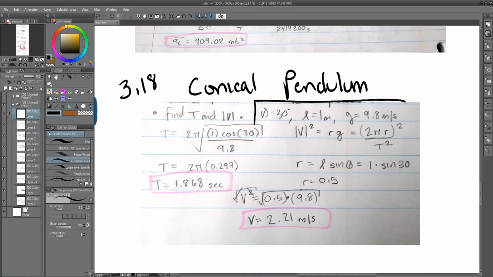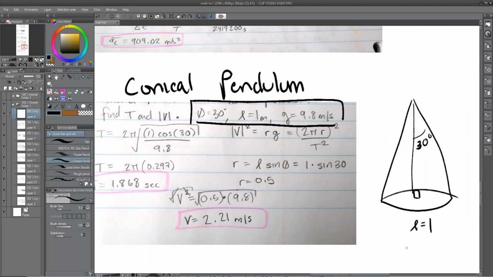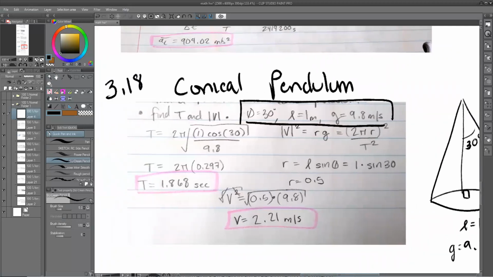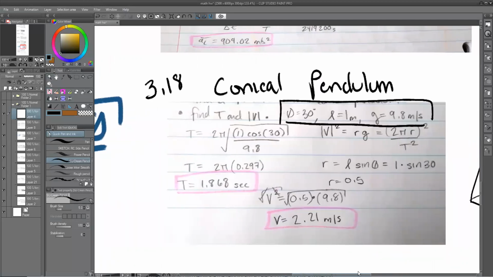We're given that in a conical pendulum, which looks like this, and forgive my handwriting, this angle I believe would be 30, our length is 1 meter, and the gravity is obviously going to be 9.8. So using this data, we have to find first the period, and then we have to find the velocity.